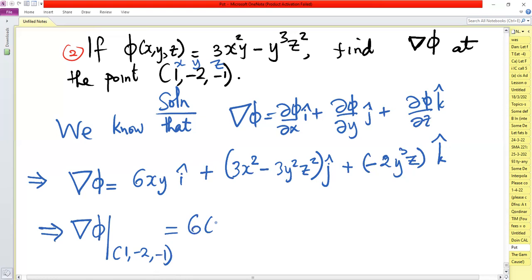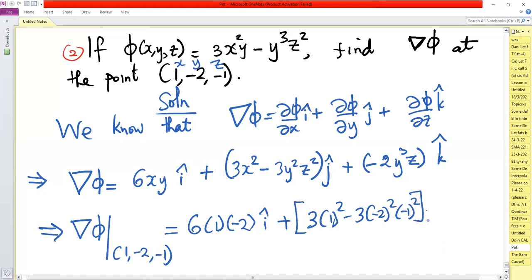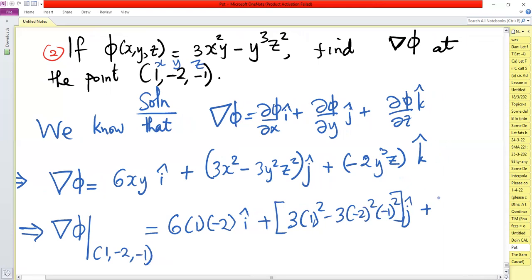So we'll have 6 times 1, and then y is minus 2, i, plus 3x is 1 squared, minus 3, y is minus 2 squared, z is minus 1 squared, j, and then minus or plus, so I'll have minus 2 into y is minus 2 power 3, z is minus 1, and then this k vector.